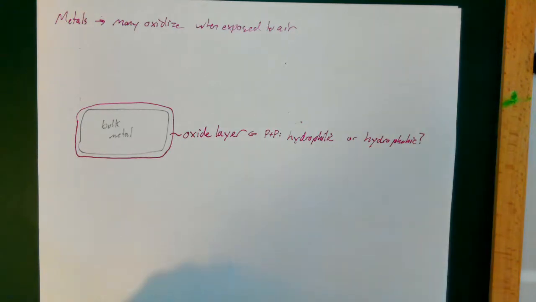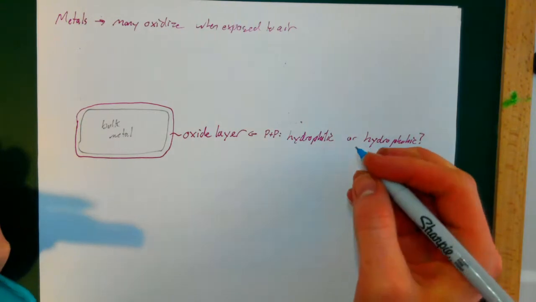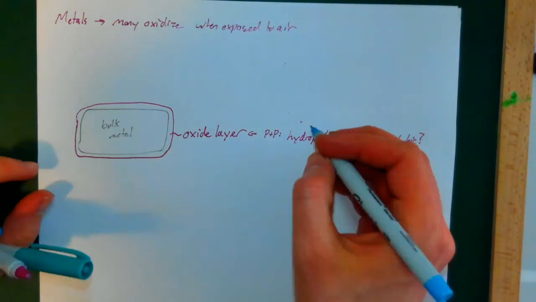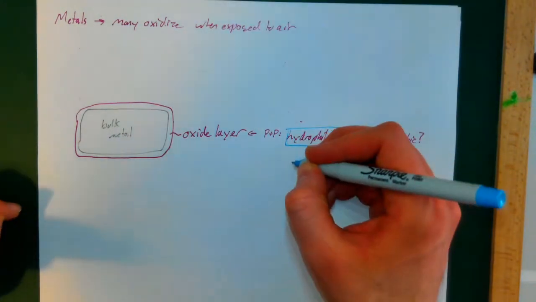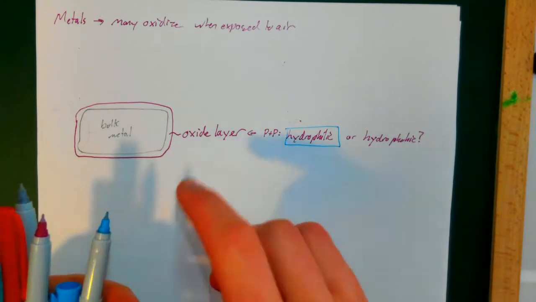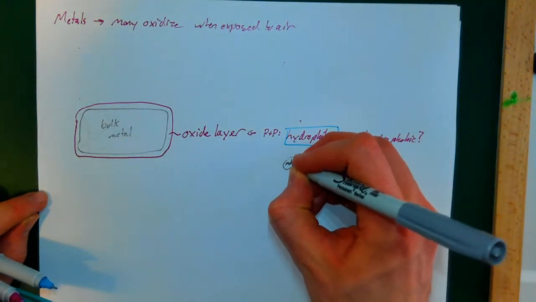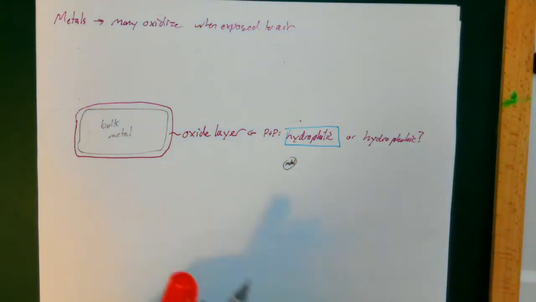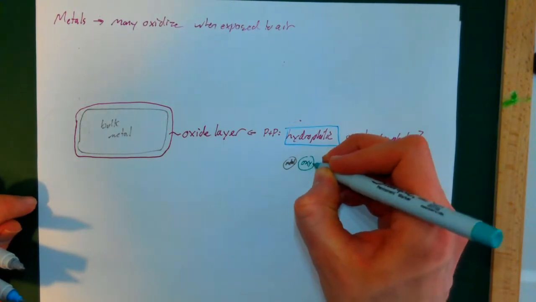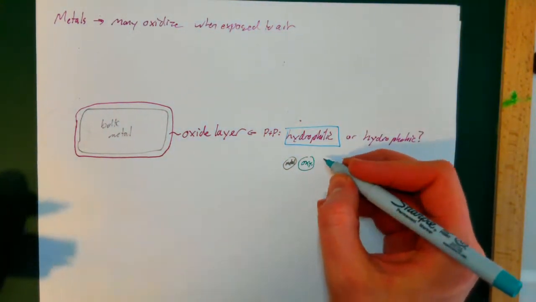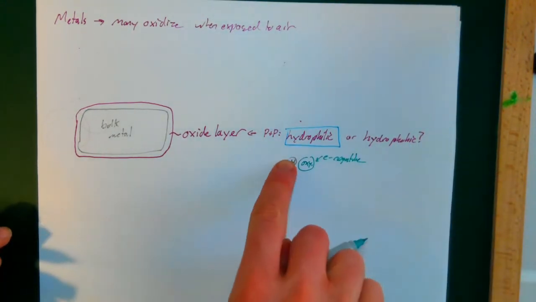As we've talked about in previous lectures, things that are very polar tend to be hydrophilic, and this oxide layer is oftentimes an extreme case of something that's hydrophilic. So what does that mean? When the metal oxidizes, if I have an atom of metal and an atom of oxygen, the oxygen is electronegative and the metal is less so.